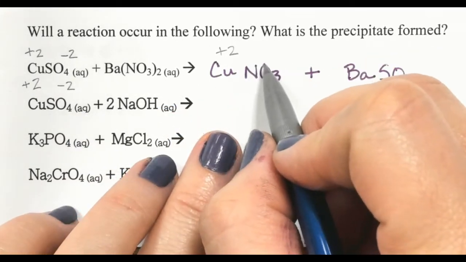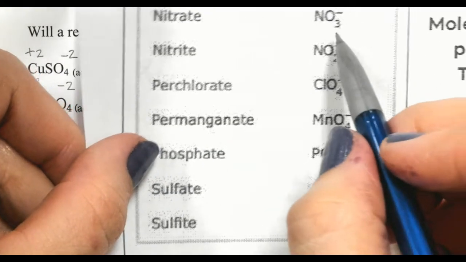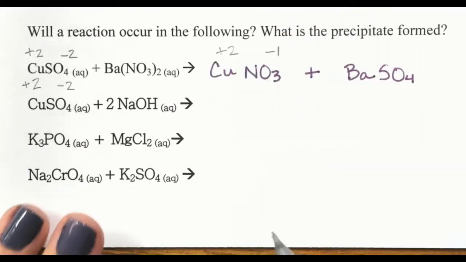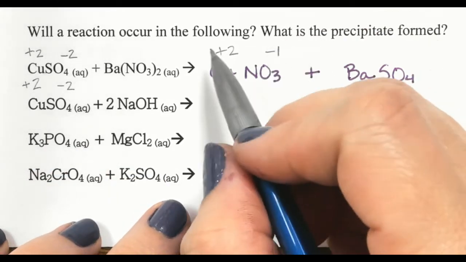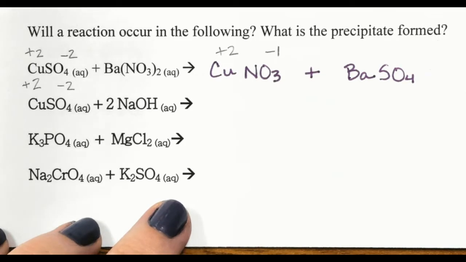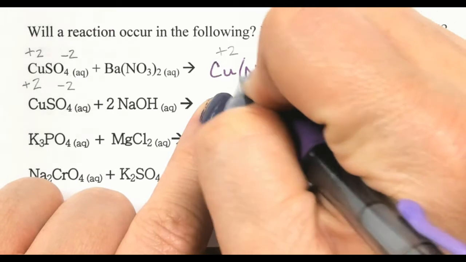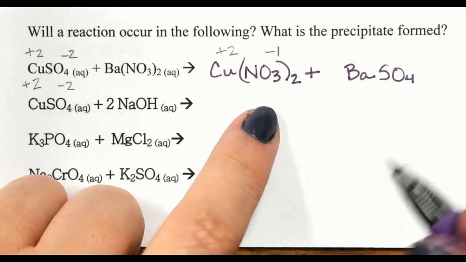Now, let's go look up the charge of nitrate, which is NO3. So when I look at my list, here is nitrate, NO3, and it's got a -1 charge. So this has a -1 charge. When we take our charges, we're going to have to crisscross them to balance. So this means this has a subscript of 1, and the nitrate needs parentheses and a subscript of 2.